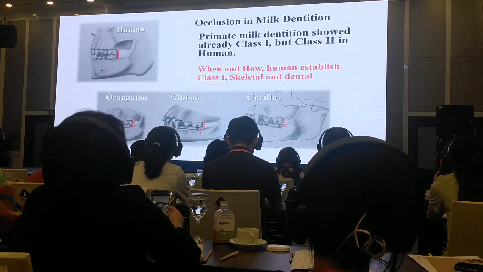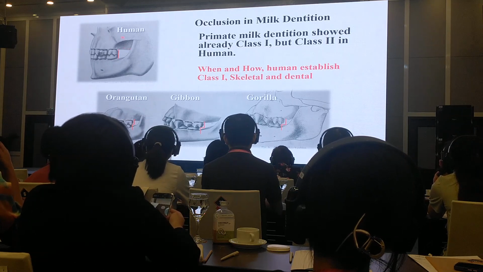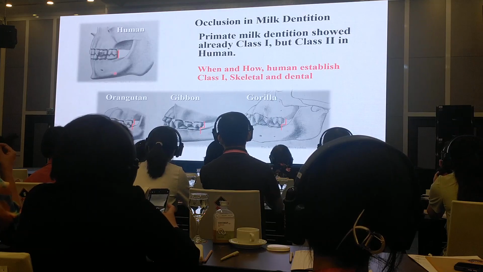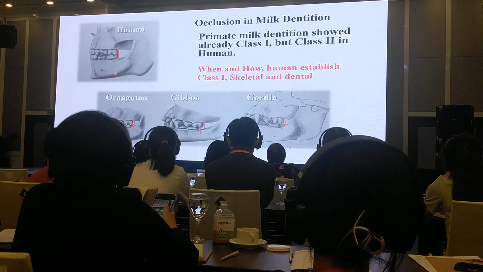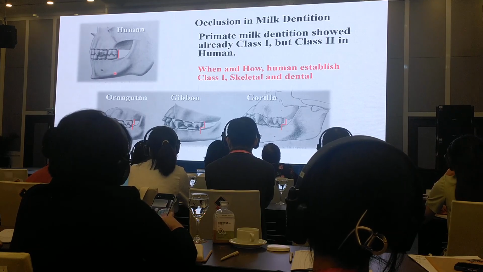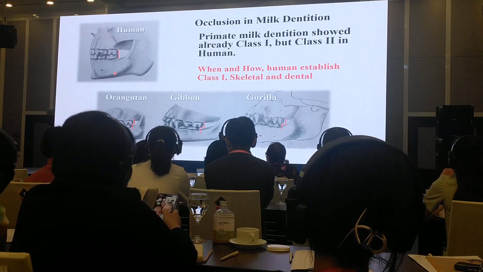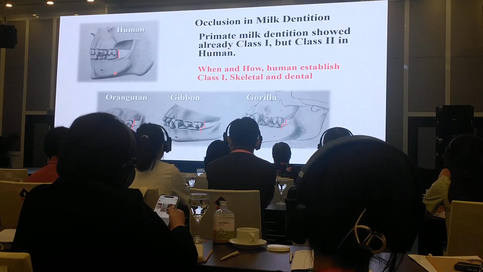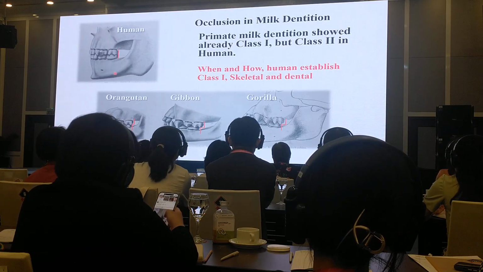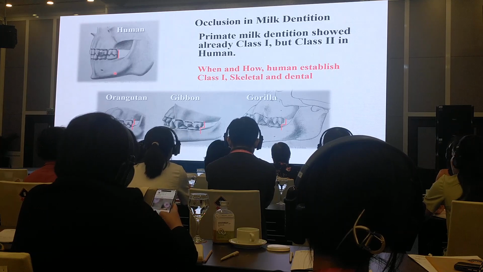But human, as I said before, 60-70% of human babies' terminal planes in the milk dentition are vertical. That means a half class 2.